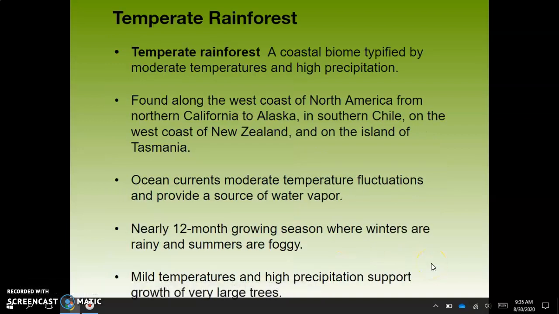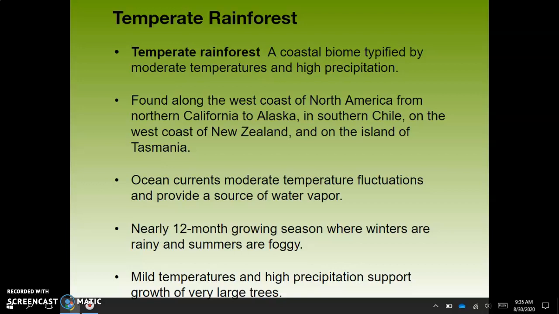A temperate rainforest is a coastal biome typified by moderate temperatures and high precipitation, okay? So moderate temperatures and then a lot of rain. These are found along the west coast of North America, from northern California to Alaska, southern Chile, on the west coast of New Zealand, and on the island of Tasmania. Ocean currents do moderate temperature fluctuations, and they do provide a source of water vapor, which leads to high precipitation.